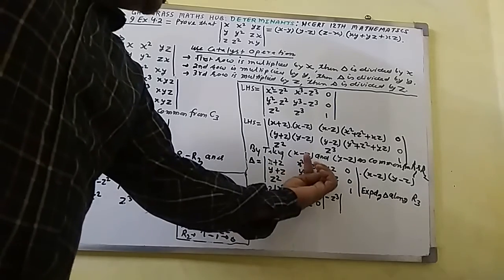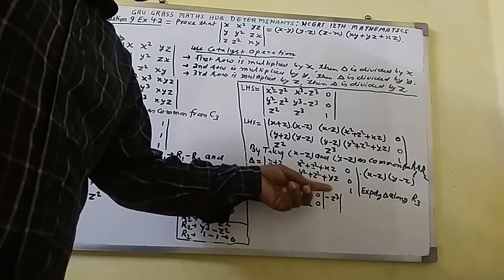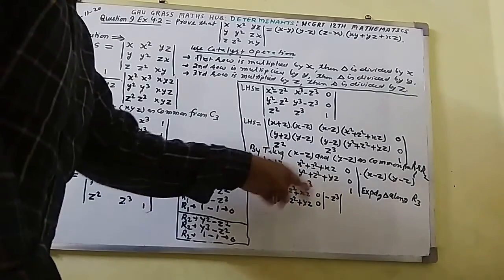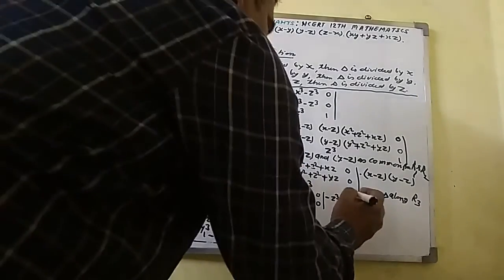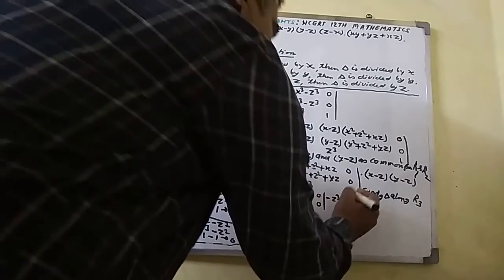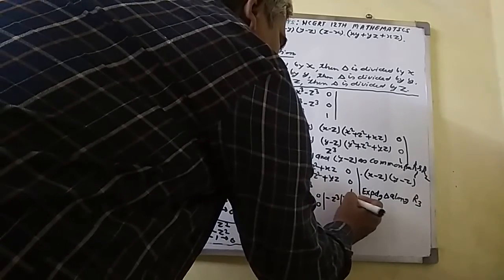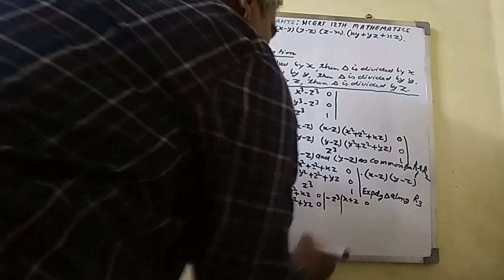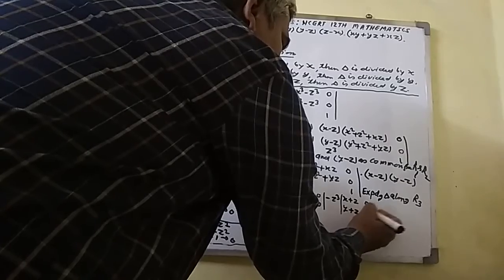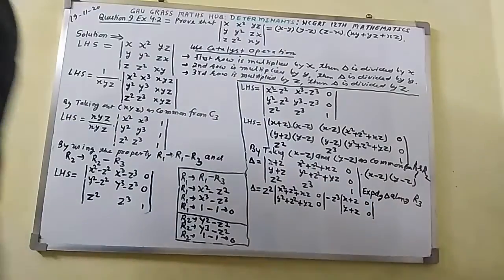The second column will be hidden and the third row will be hidden. You will get the minor easily. The minor will be: this one will be hidden, this one will be hidden. So here you will get the minor x plus z, 0, y plus z, 0.